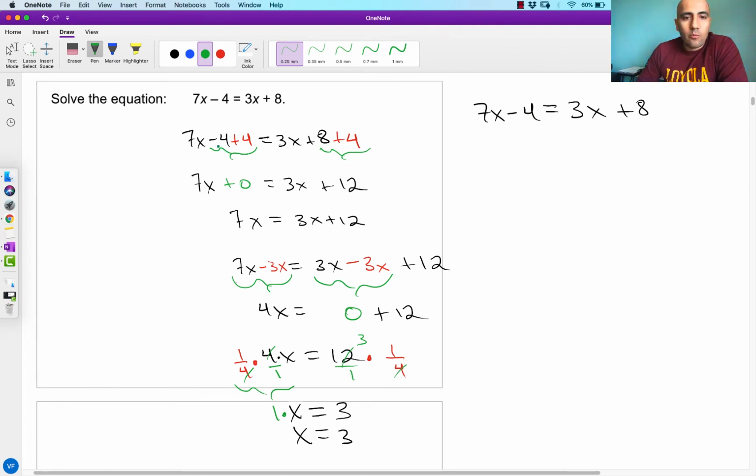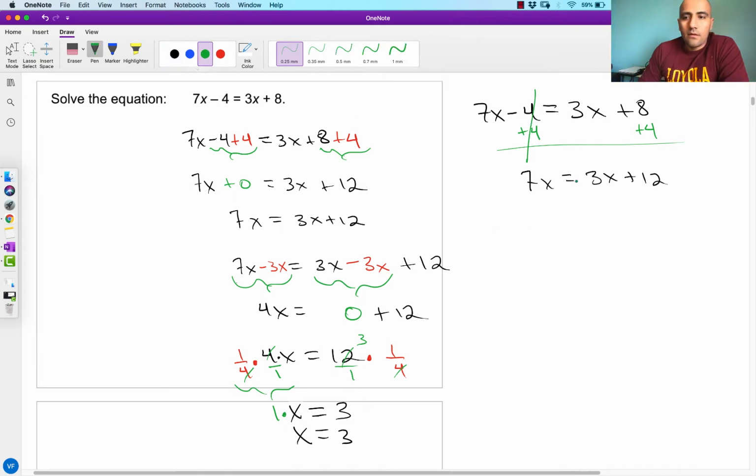So instead of this whole process of adding 4 this way and bringing down as a 0, most people are just happy putting a plus 4 like that and a plus 4 like that, and then we add it. And then these guys cancel, and you bring it down as 7x plus 0, or just 7x, equals 3x plus 12.